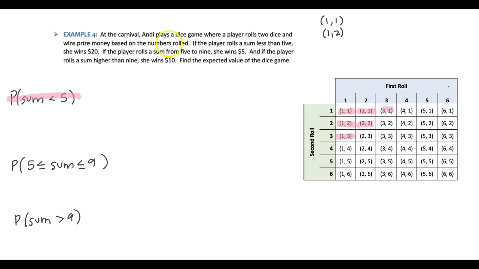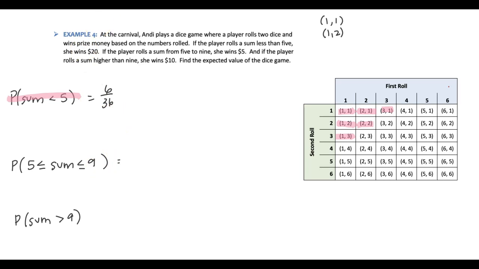All of those are rolls that would have a sum less than 5. And if you count them, there are 6 of them out of 36. And so our probability is 6 out of 36. Now I know 6 out of 36 does reduce, but I'm going to leave it 6 out of 36, and I'm going to reduce when I get to my final expected value answer.